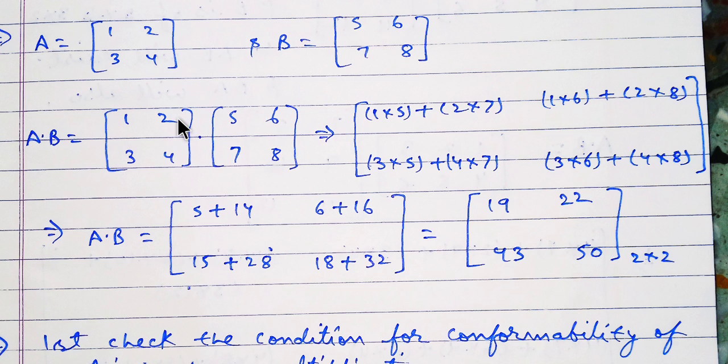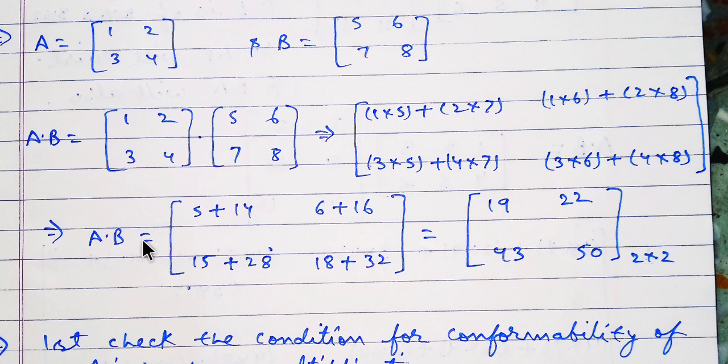So this row will be multiplied with this column, and it will be written here: 1 cross 6 plus 2 cross 8. Then we multiply the second row with the first column and write here, and then the second row with the second column and write here. So we have completed our multiplication process, and now we have to solve these expressions.